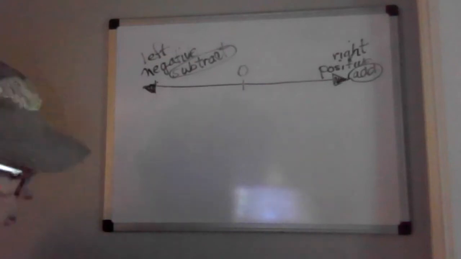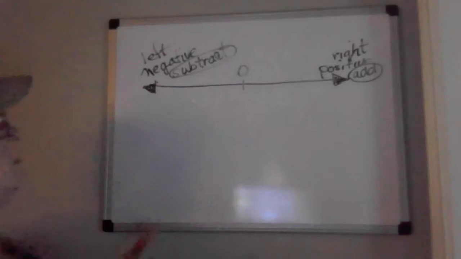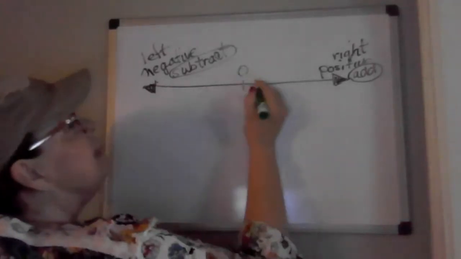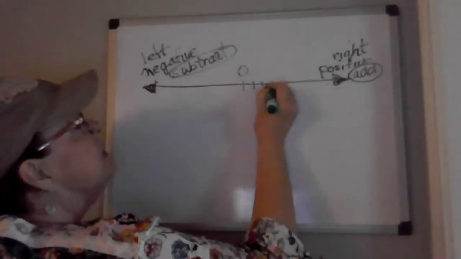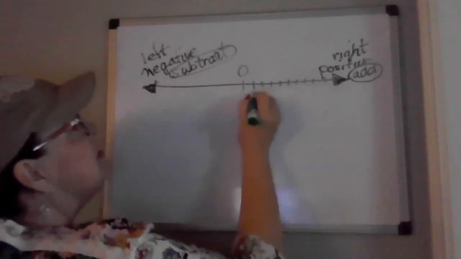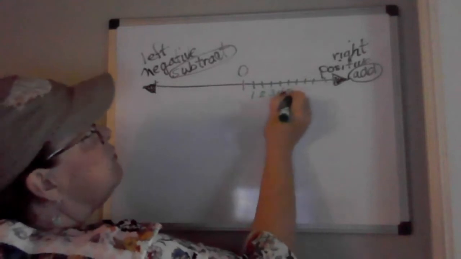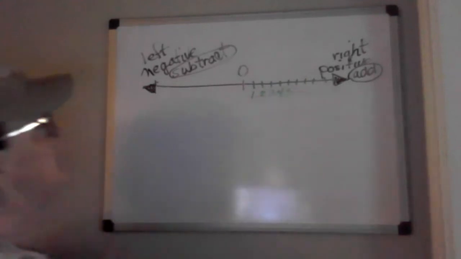Okay, now on a number line, the normal numbers, if we have 1, 0, then everything to the right of the 0 are positive numbers. 1, 2, 3, 4, 5, and so on.